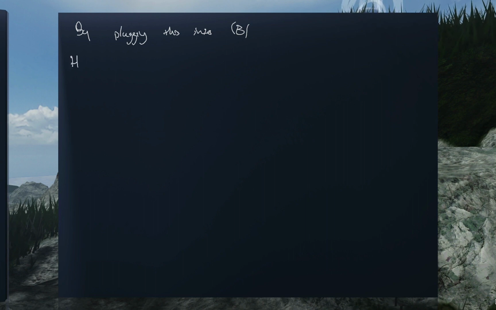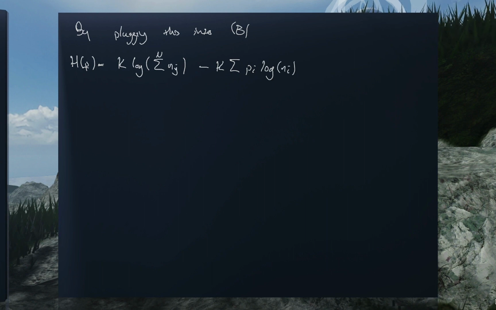So rearranging for H, this thing is going to be K times log of this sum minus K times the sum here. Okay. Now, what can we do? We can artificially start summing over these probabilities here.